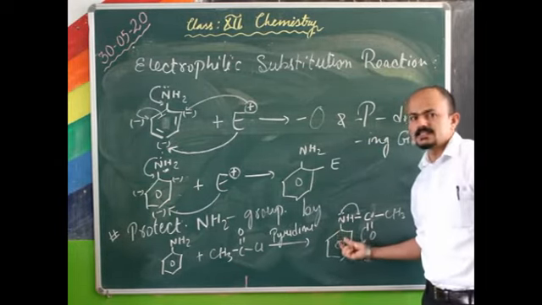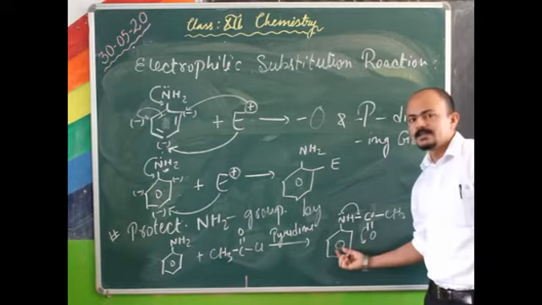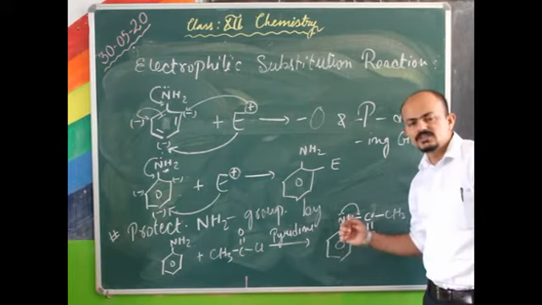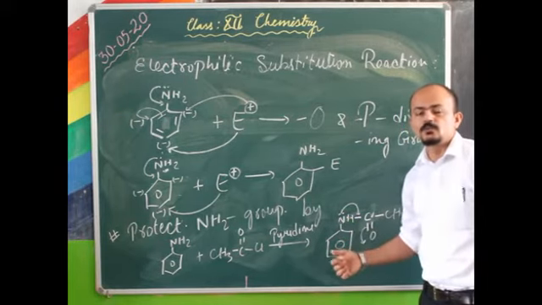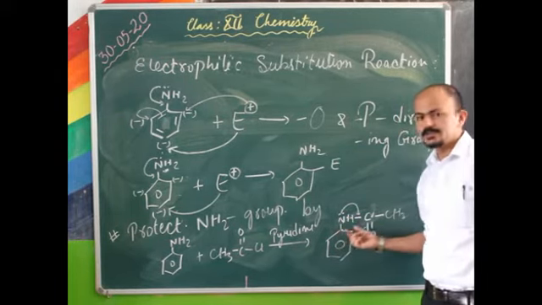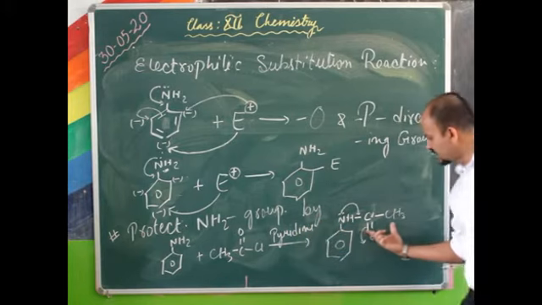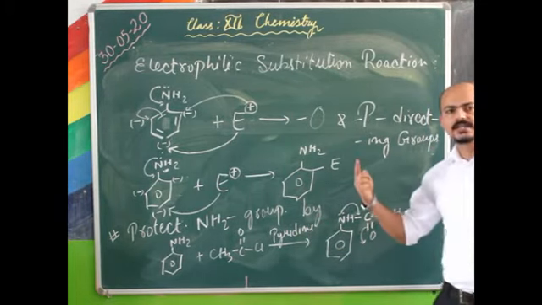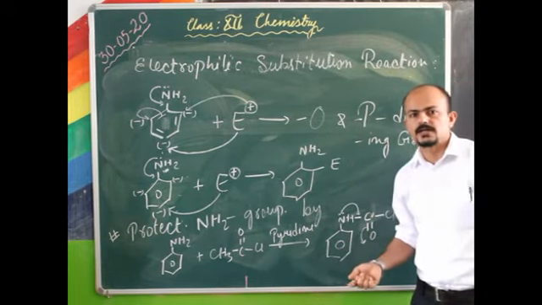And once that is done, the electron density inside the benzene ring at ortho position and para position would decrease. In that way, we can protect this NH2 group by acetylation. Now you carry out electrophilic substitution reaction, you will be getting only the mono substituted product.